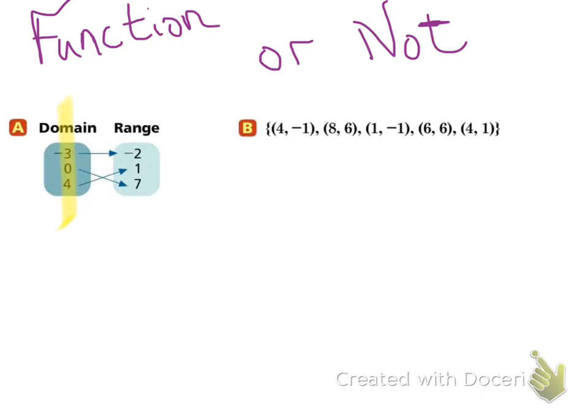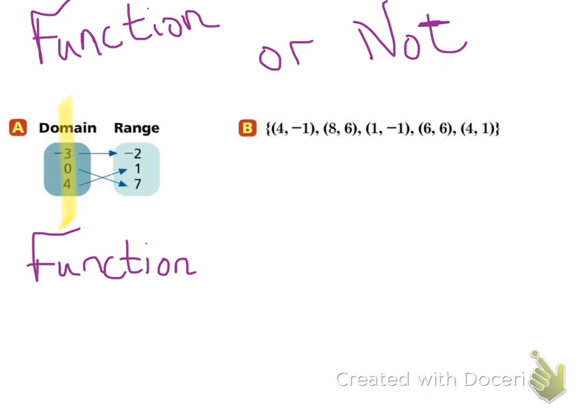Well, the -3 only goes to one spot, the 0 only goes to the 7, and the 4 only goes to the 1. So this is a function because each x value is only going to one y value.